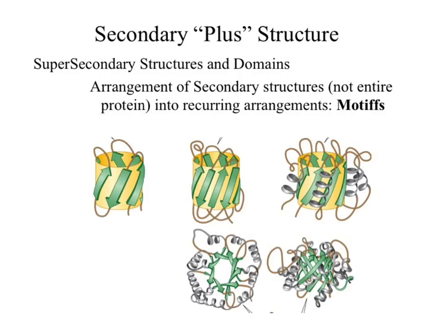And this is where your definition of these primary, secondary, tertiaries really does fall apart. They call these motifs. If we look within an individual protein and I see a section, say a beta barrel, and I look at another protein and I see something just like it, but there's still a bunch of other junk in the protein, that's a common pattern that I can see in all proteins, just like we did with alpha helices and beta sheets.